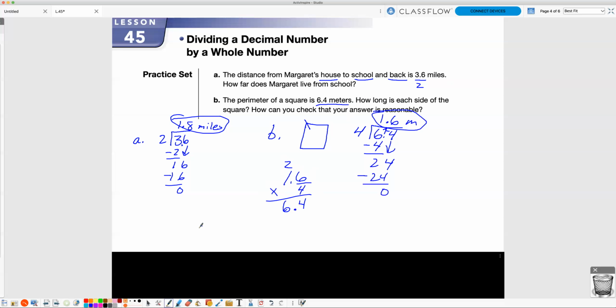So that is reasonable. Or you could add, if you wanted to do it the hard way, 1.6 plus 1.6 plus 1.6 plus 1.6. And you'd still end up with 6 times 4, that'd be 24. And then this would be 2, 4, 6 there, and the decimal comes straight down in the answer. So yes, 1 6/10 is reasonable.